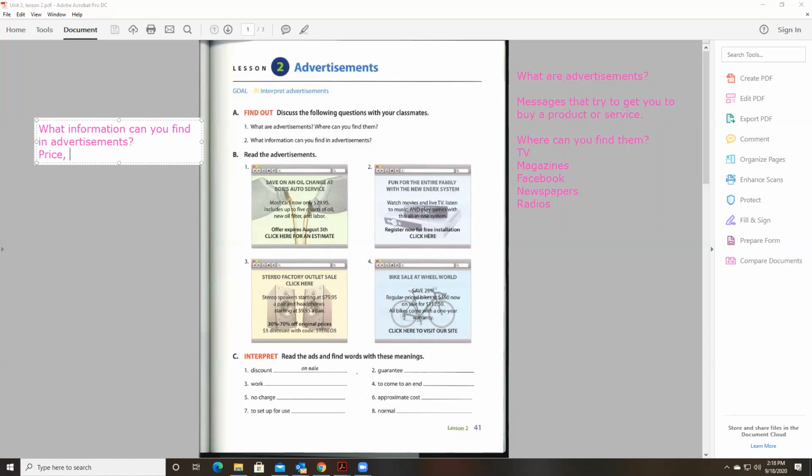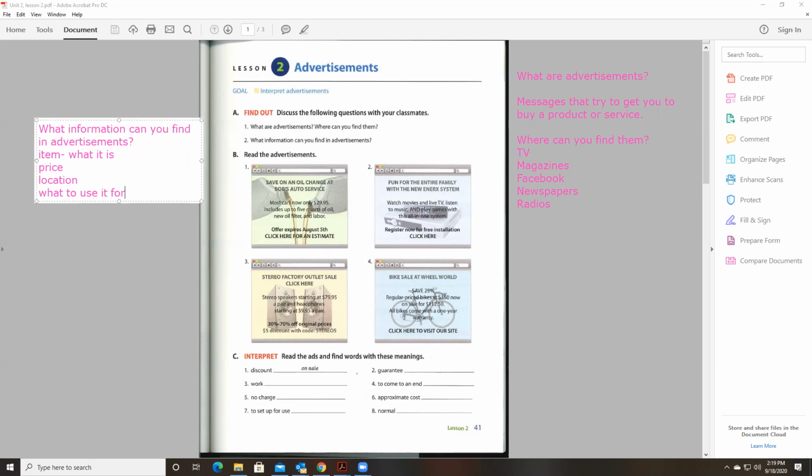A location of where you can buy it. Actually, before price, for sure it's going to include the item, right? So what is it? It will include the price. It will include the location. It can include what to use it for, right? All of those are examples of the information that you can find on an advertisement.